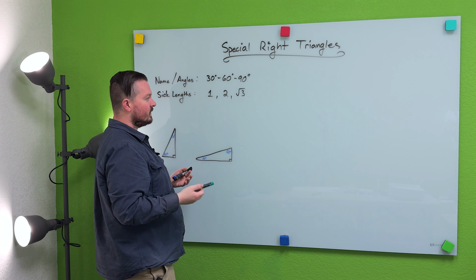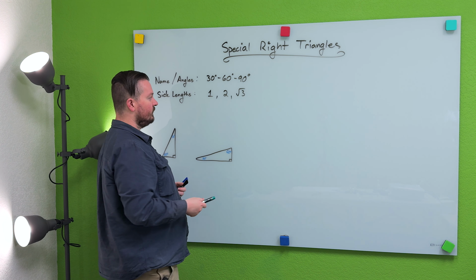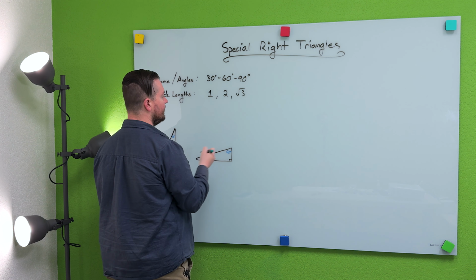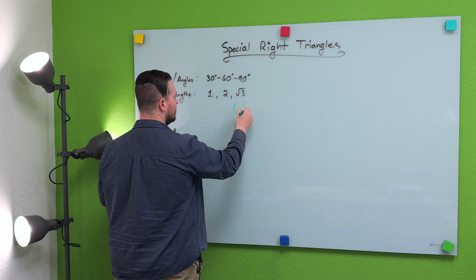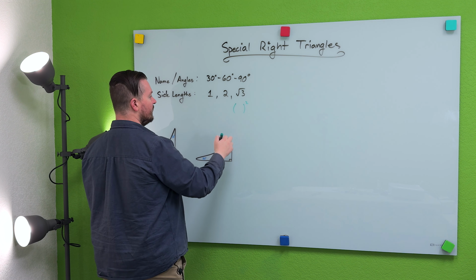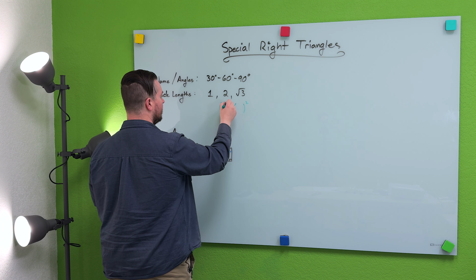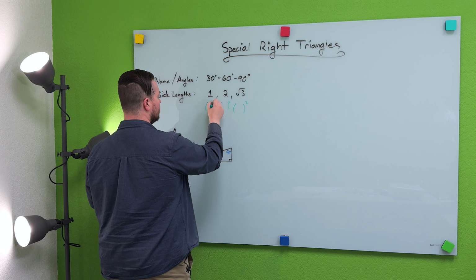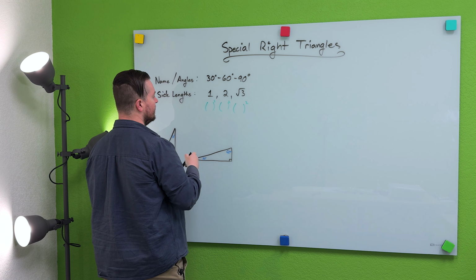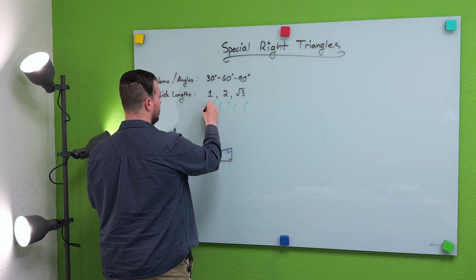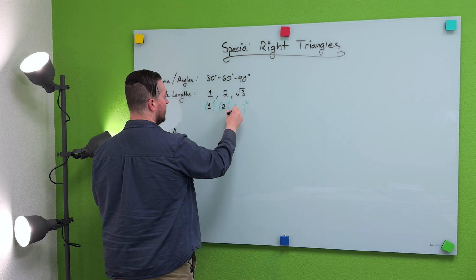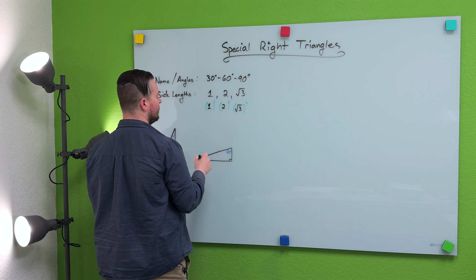Whenever there's something that's uncomfortable, unsettling, let's just get rid of it. So how do you get rid of a square root? You square it. But if we square one of these numbers, we're going to need to square all three of these numbers. So what we'll see is we have 1 squared, 2 squared, and square root of 3 squared.